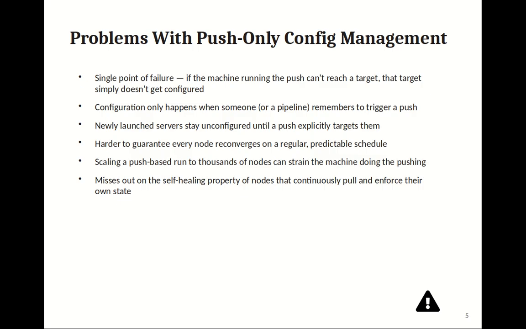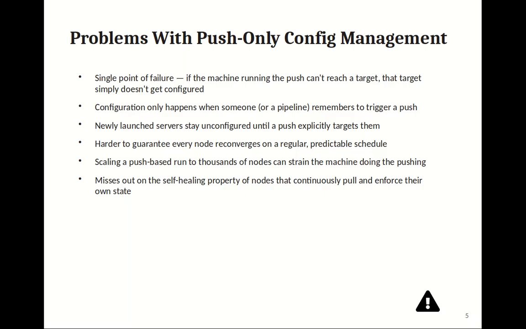Problems with push-only config management. Single point of failure: if the machine running the push can't reach a target, the target simply doesn't get configured. Configuration only happens when someone or a pipeline remembers to trigger a push. Newly launched servers stay unconfigured until a push explicitly targets them.